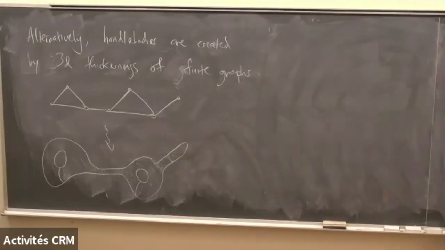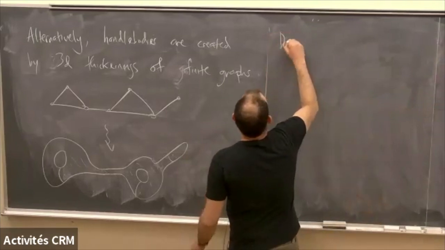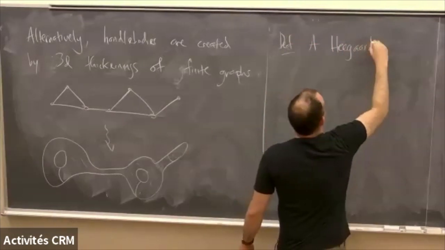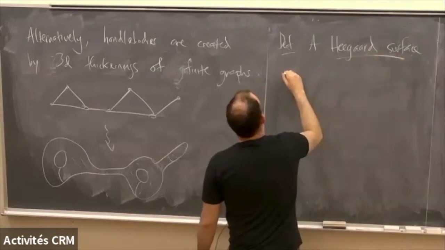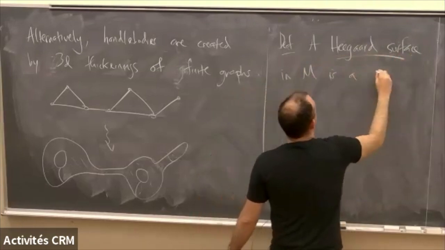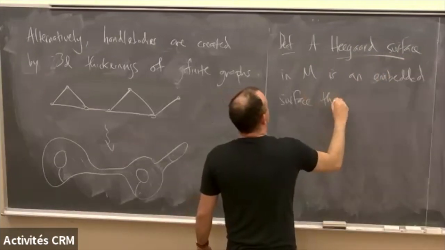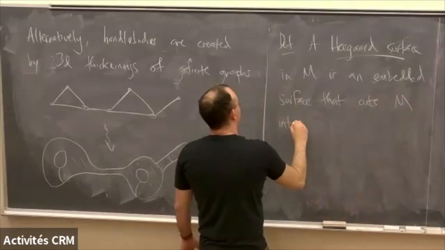So let's try to define this Heegaard genus. Definition: a Heegaard surface in M is an embedded surface that cuts M into 2 handle bodies.